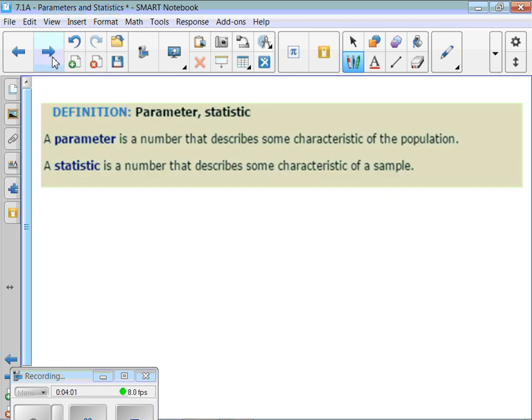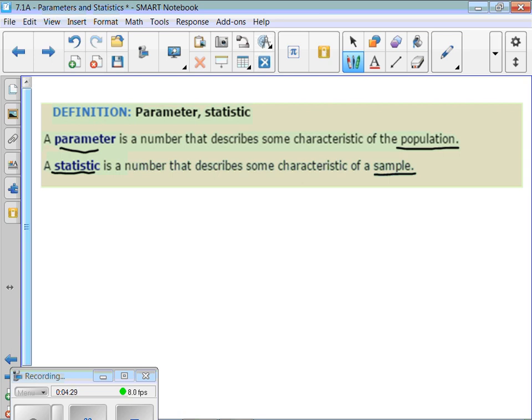So a parameter is a number that describes some characteristic of the population, and a statistic is a number that describes some characteristic of a sample. Again, P goes with P, parameter with population. S goes with S, statistic goes with sample. Which ones are numbers?